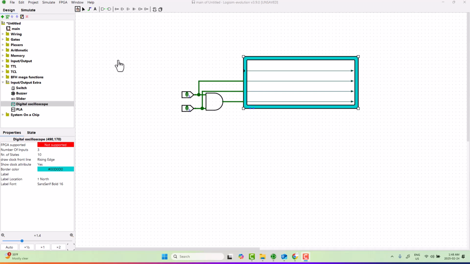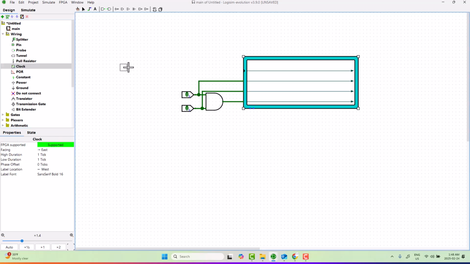And the clock signal can be found under wiring. And here it is. Here's the clock. And then it'll have some connection to it. Okay, now my device is ready, so I'm going to run the simulation.